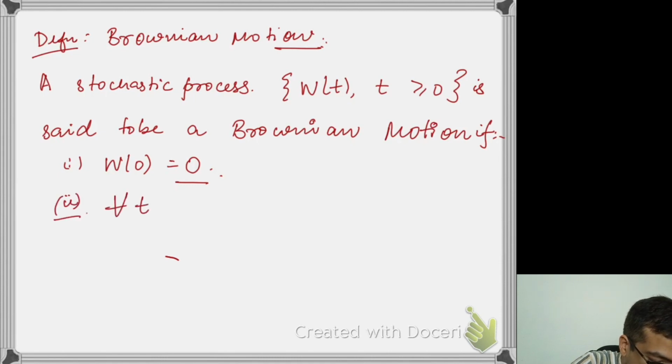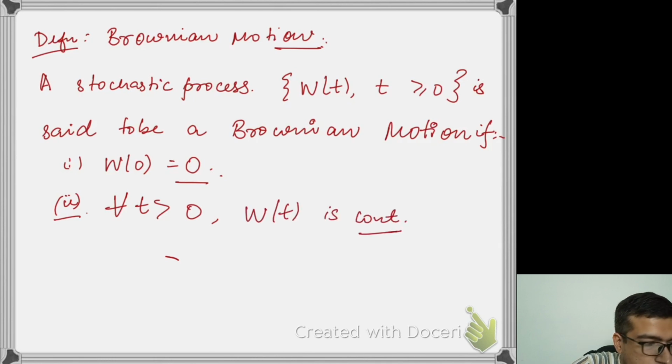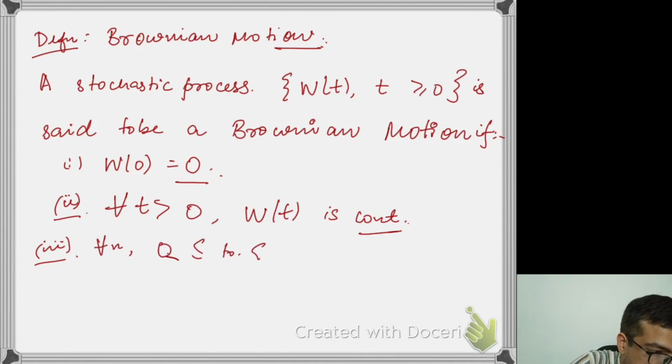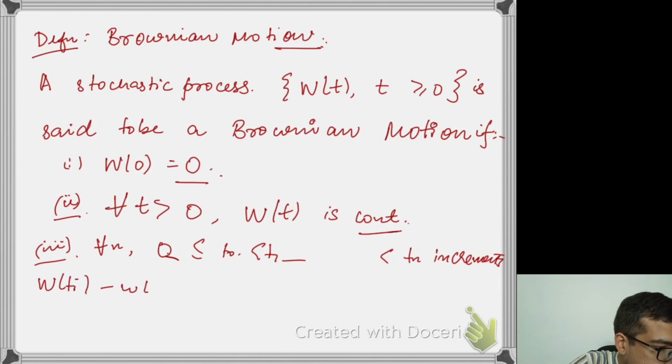Next, for all t greater than 0, Wt is continuous, so at every point it should be continuous. And thirdly, for all n with 0 less than or equal to t0 less than t1 less than ... less than tn, the increments Wti minus Wti-1 are independent of each other.